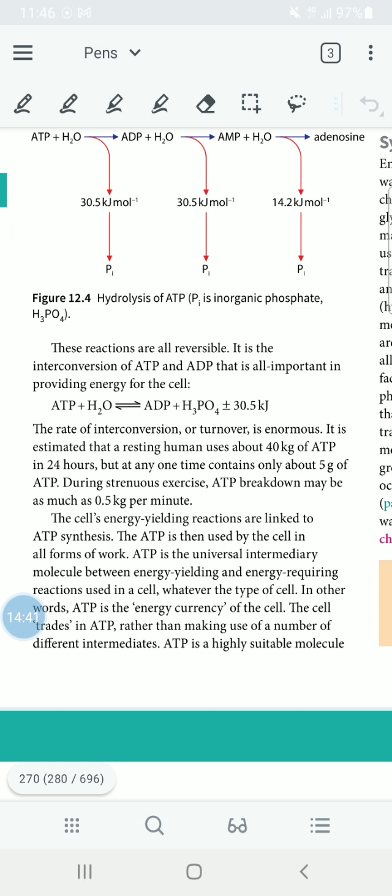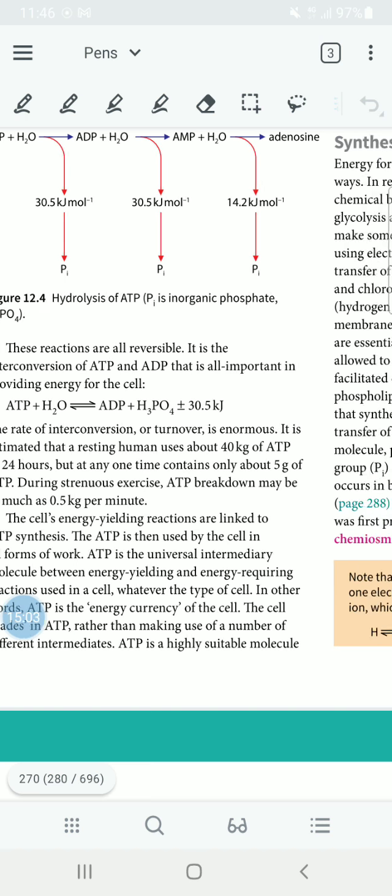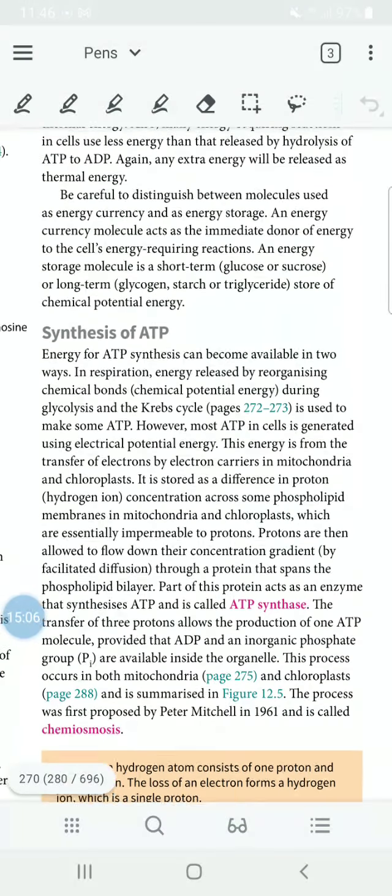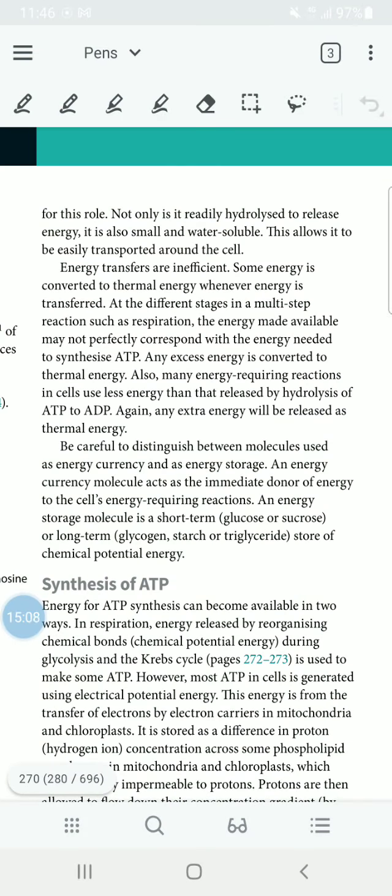ATP is the universal intermediary molecule between energy yielding and energy requiring reactions. There are three reasons why it is such a suitable molecule.